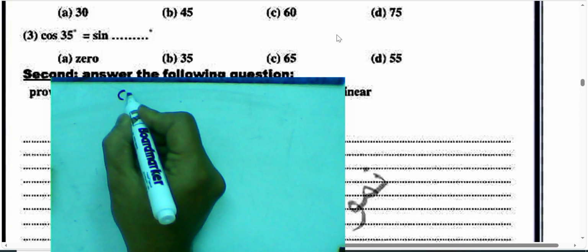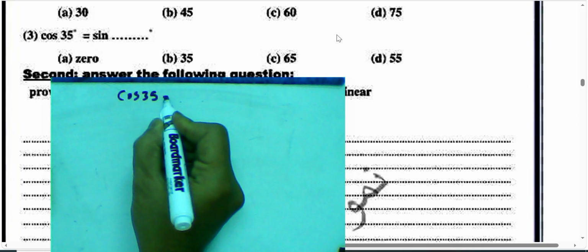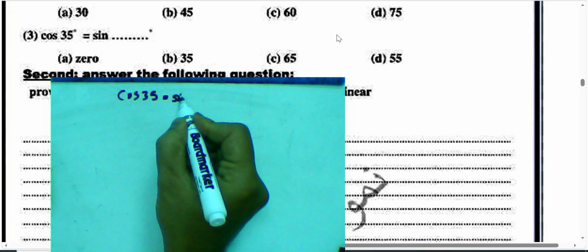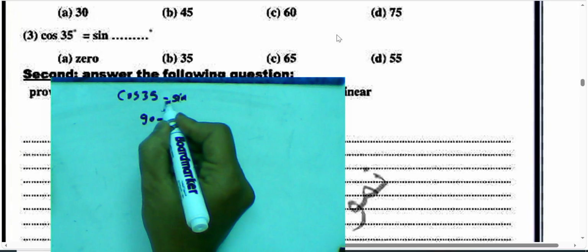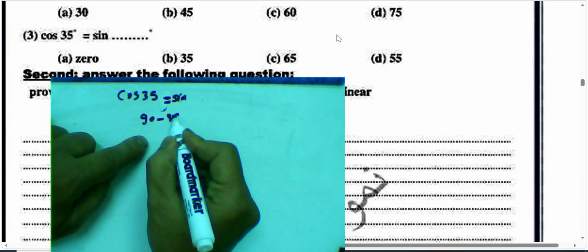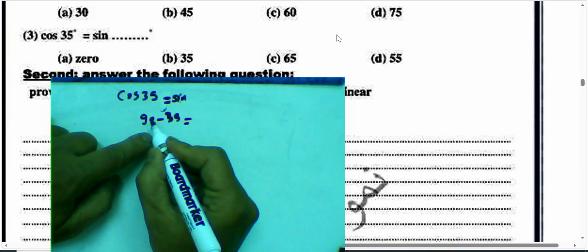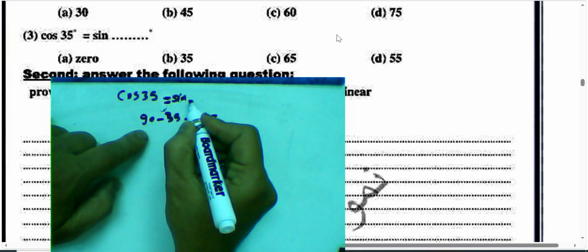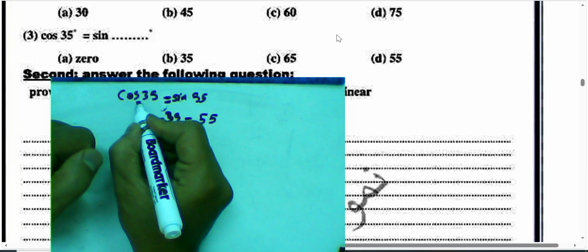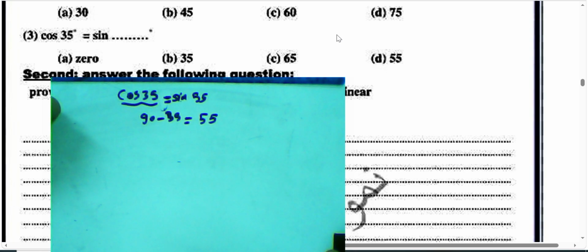Cosine 35 is equivalent to sine what? We can write: subtract 35 from 90. 10 minus 5 is 5 and 8 minus 3 is 5. Then the angle here will be 55. And we have cosine 35 equivalent to sine 55.